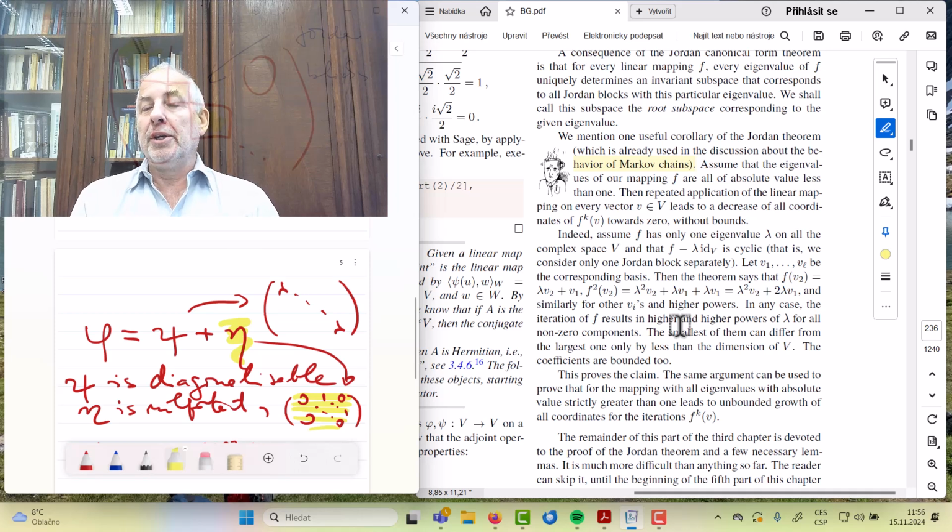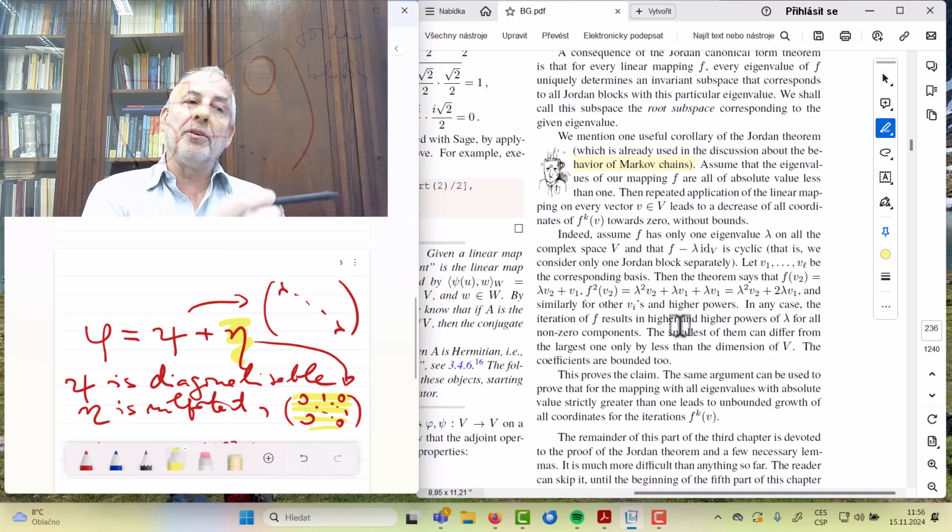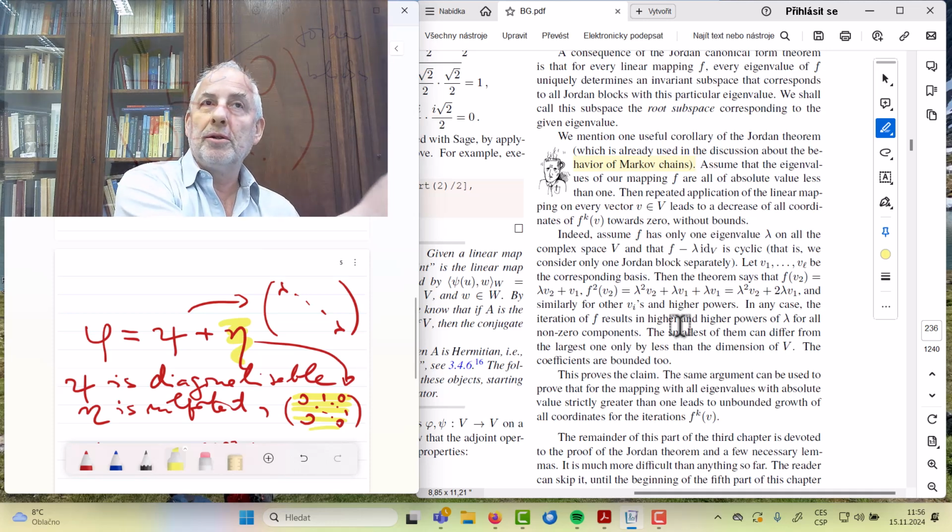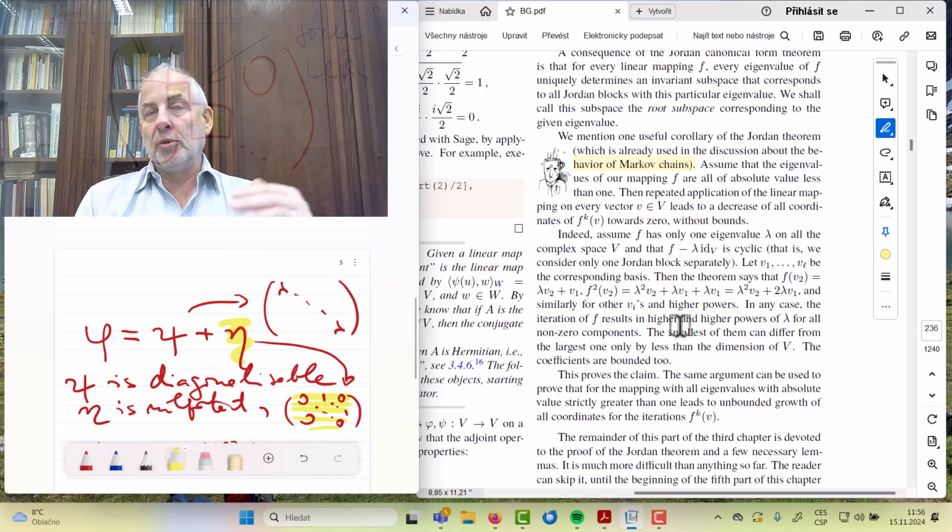So here, instead of disappearing, they will be something like jumping along the chain in the nilpotent part. If you subtract lambda times the identity, then what is left is the cyclic map, and so you will jump. Roughly speaking, asymptotically, it will disappear at the same speed, except it will always need as many jumps through the chain as the degree of the nilpotency in the block, right?